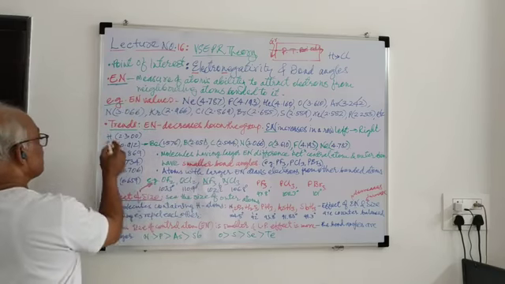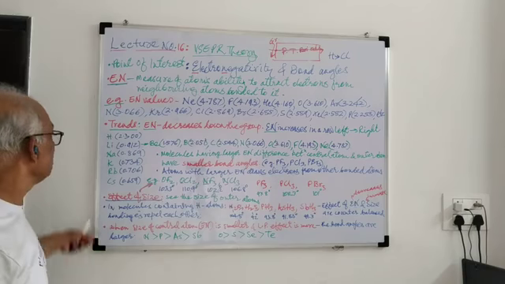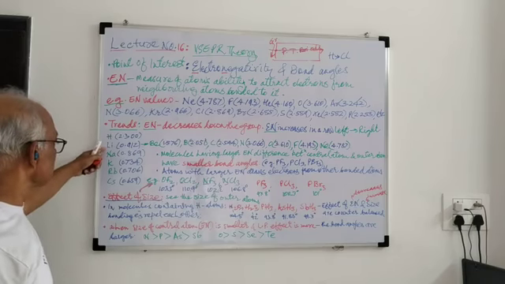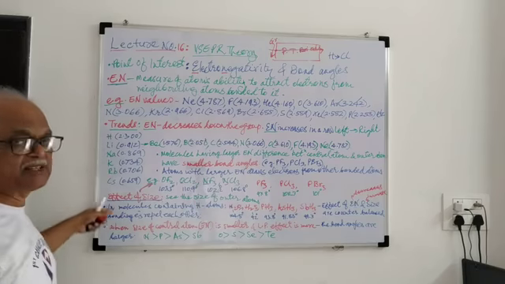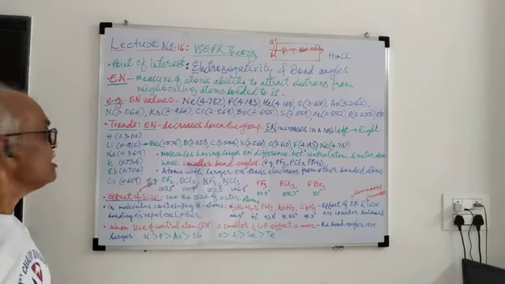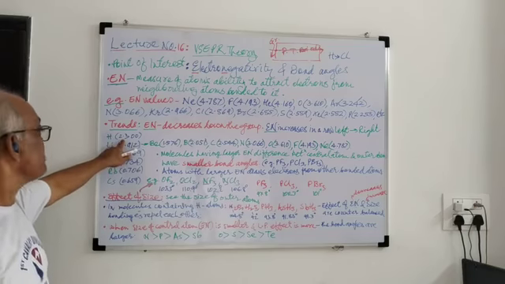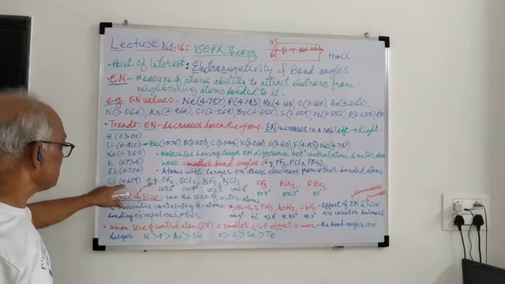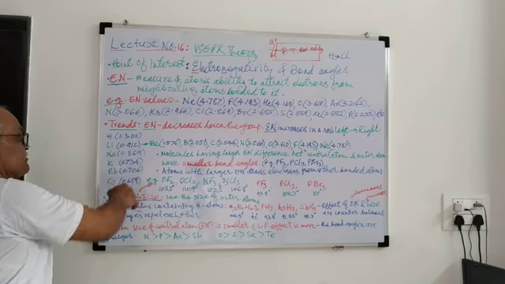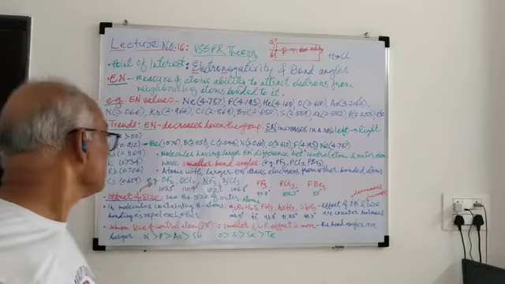We can have some examples. You will find here the group 1 elements: hydrogen, lithium, sodium, potassium, rubidium and cesium. Here you will see the electronegativity values. Hydrogen has the maximum value, 0.300, and the values decrease as you move downward in the group.